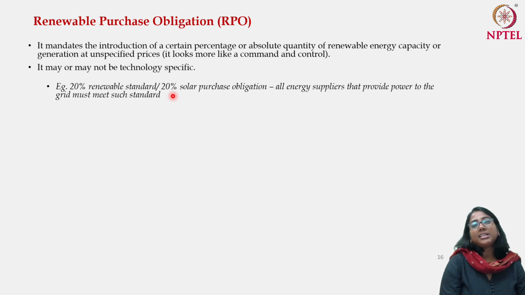Now, if all energy suppliers have to comply with this kind of policy, it looks more like a command and control policy, because there is no market element that you can see.